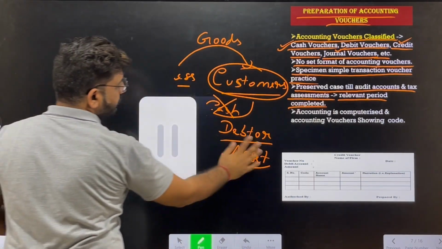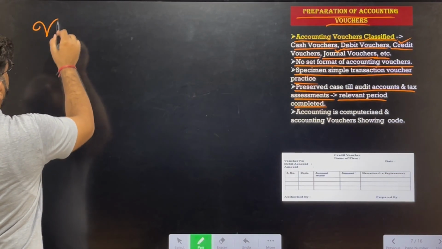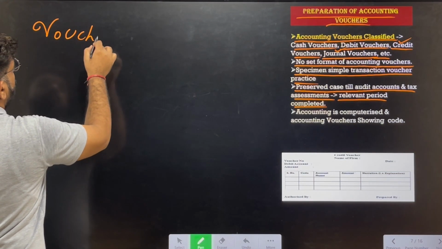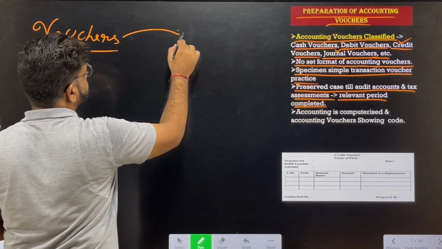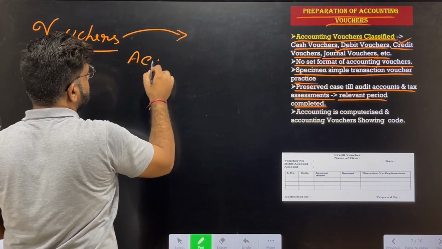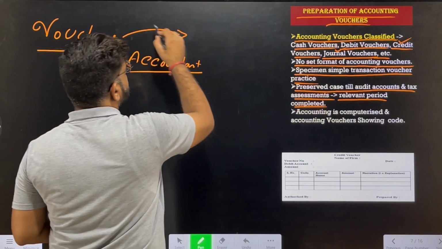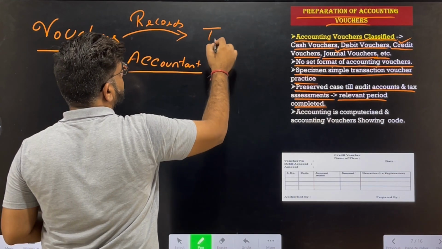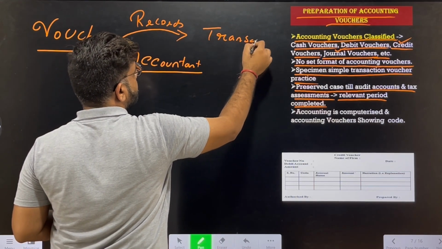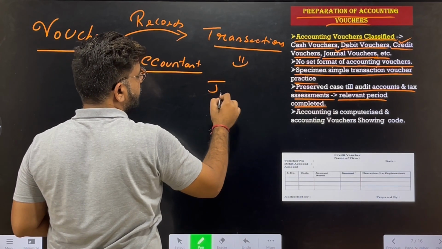For example, what's happening is these are the vouchers. With the vouchers only, an accountant records these transactions in the form of journal entries.